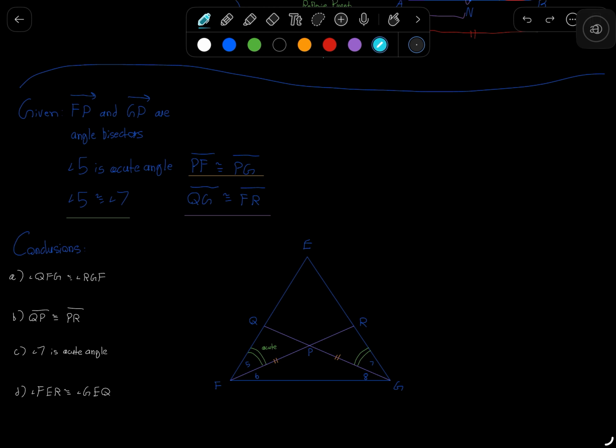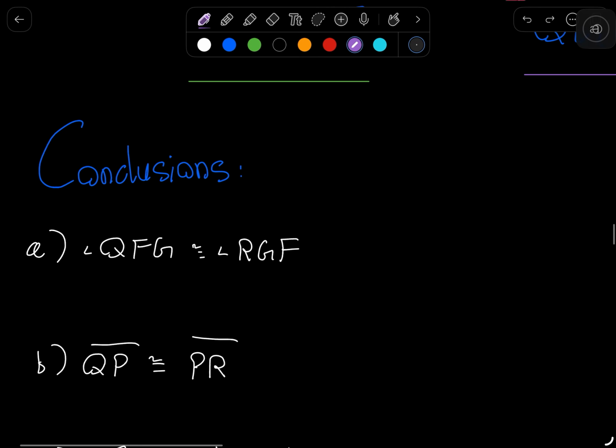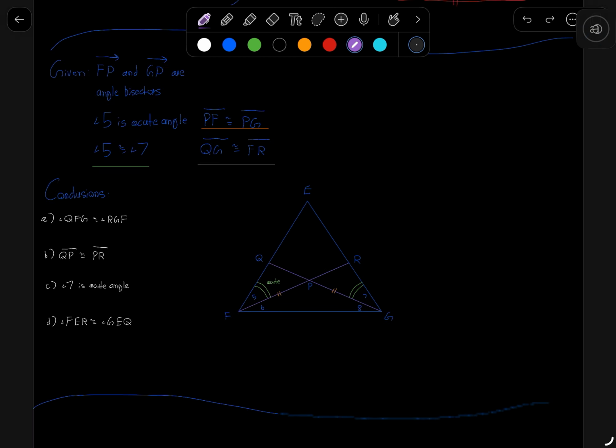Similar thing. I'd like you guys to do the same thing for this problem. All right. Once again, assuming you've given it a try, let's look at this. Of course, I have marked everything in the diagram. Let's look at our first conclusion. Angle QFG is congruent to angle RGF.